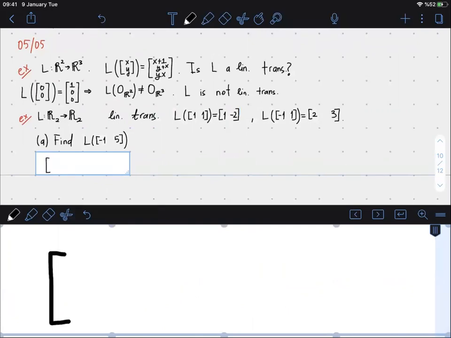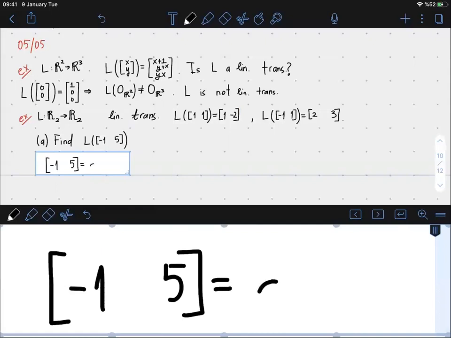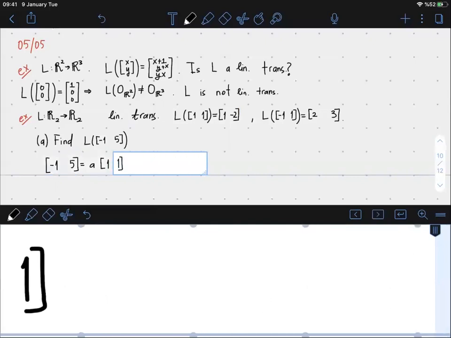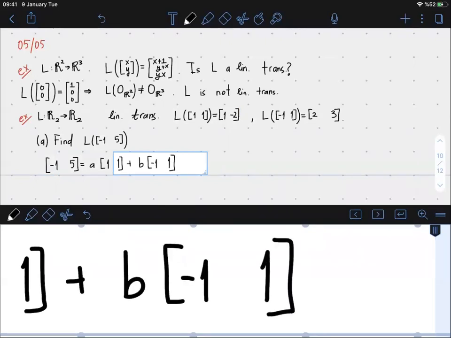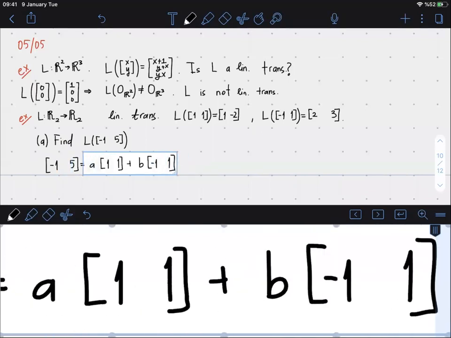Let's first try to write this vector (minus 1, 5) as A times (1, 1) plus B times (minus 1, 1). Let's try to find A and B such that this equation holds true.